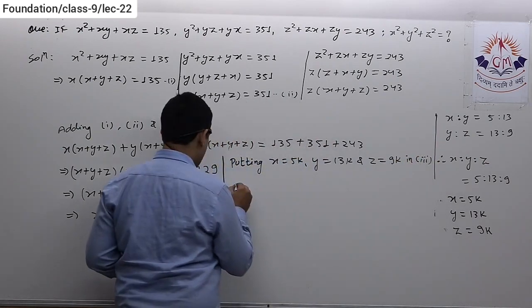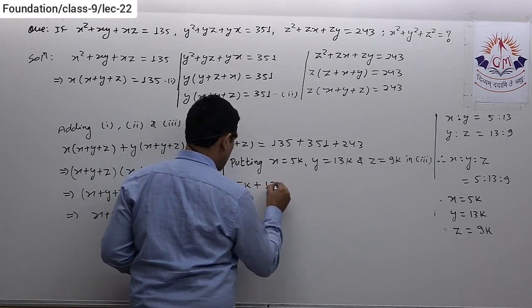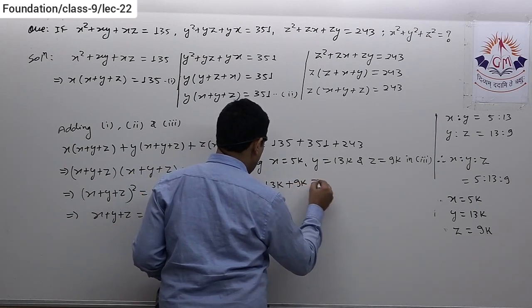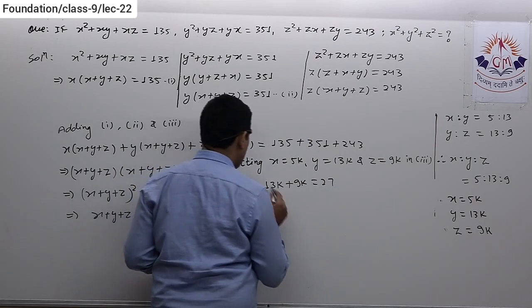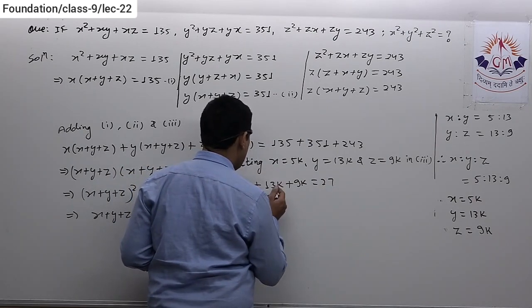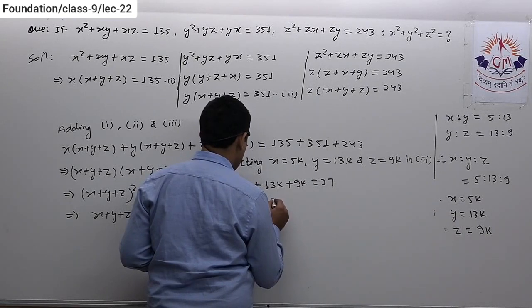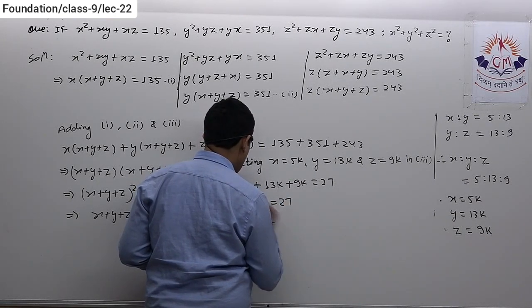So 5k plus 13k plus 9k is equal to 27. Therefore, this gives you 27k is equal to 27. That gives you k equal to 1.